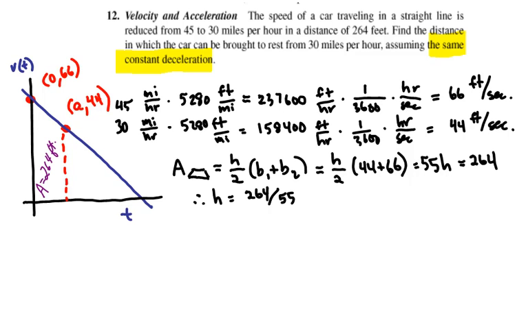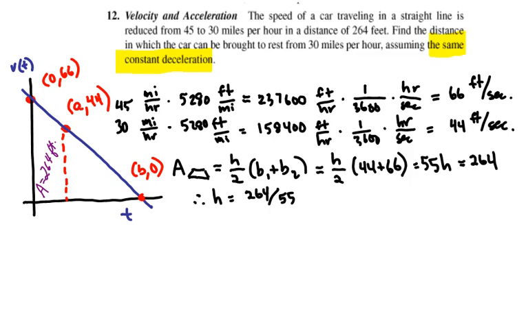And since 30 miles an hour is 44 feet per second, what we're trying to find out is at time B, and we don't ask for what that time is, but we're trying to find the distance that is going to be required for the vehicle to be brought to rest from 44 feet per second, assuming a constant deceleration.